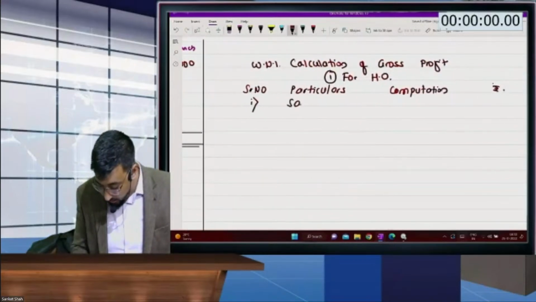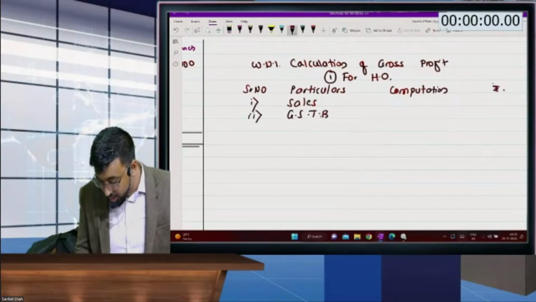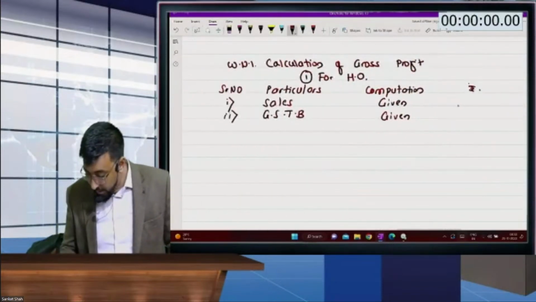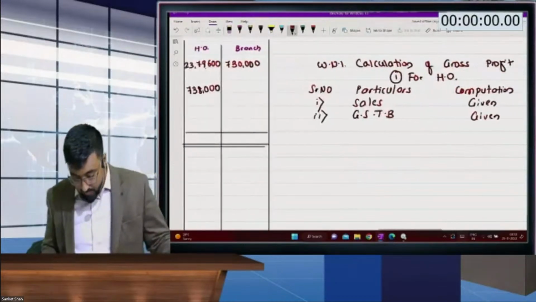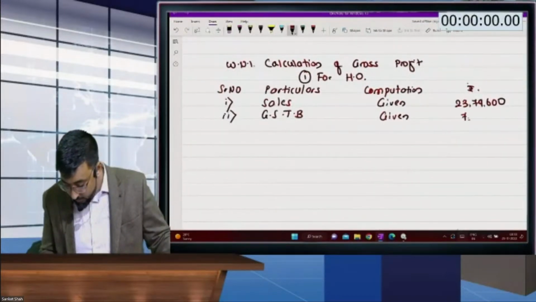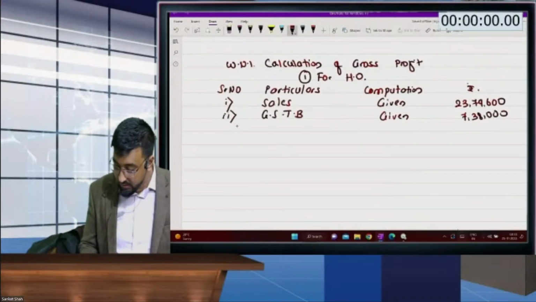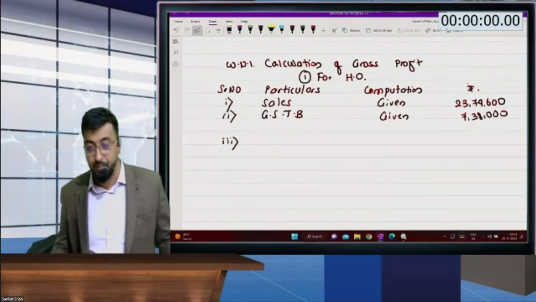So here, sales and goods sent to branch, given 23 lakh and 23 lakh 79,600, and on both gross profit is the same.